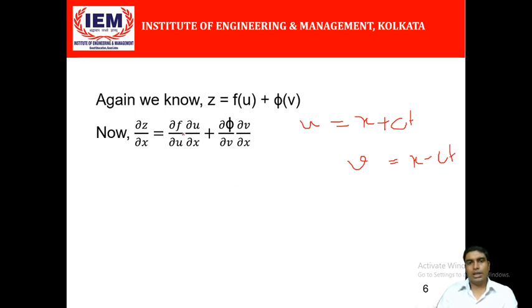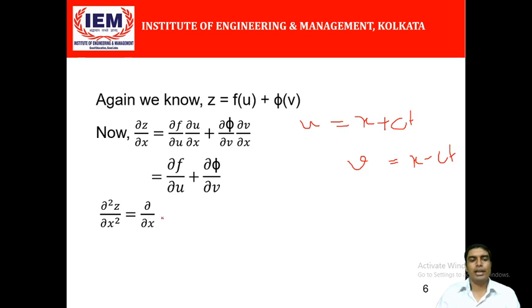So ∂u/∂x will be equal to 1, ct will be gone, and ∂v/∂x will be 1. Right? So I can write ∂z/∂x equals this one. Now again I am differentiating this one partially with respect to x. Then by using the chain rule again, I can find the differentiation in this way.